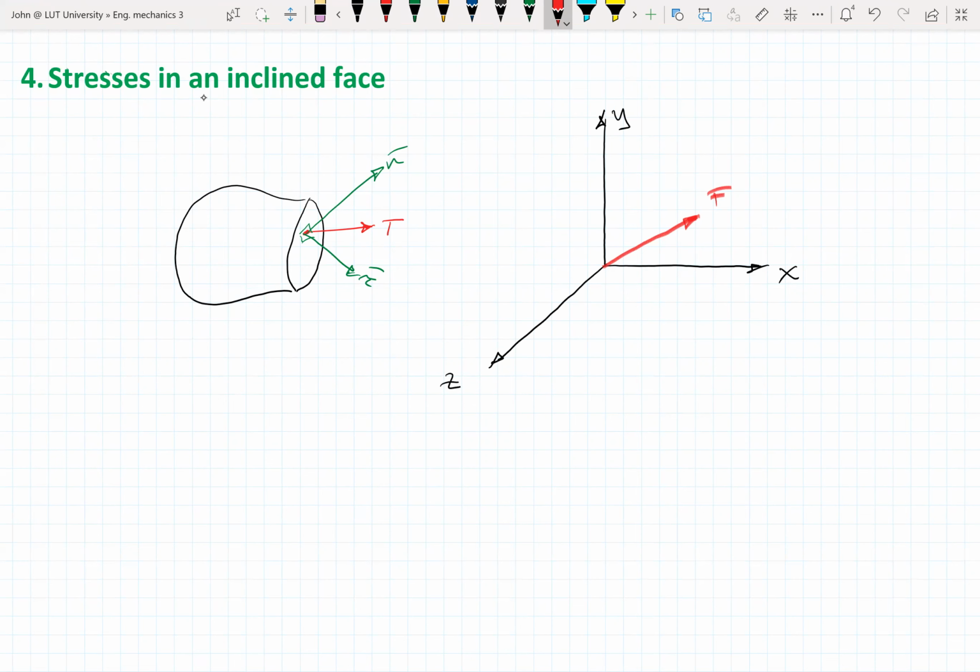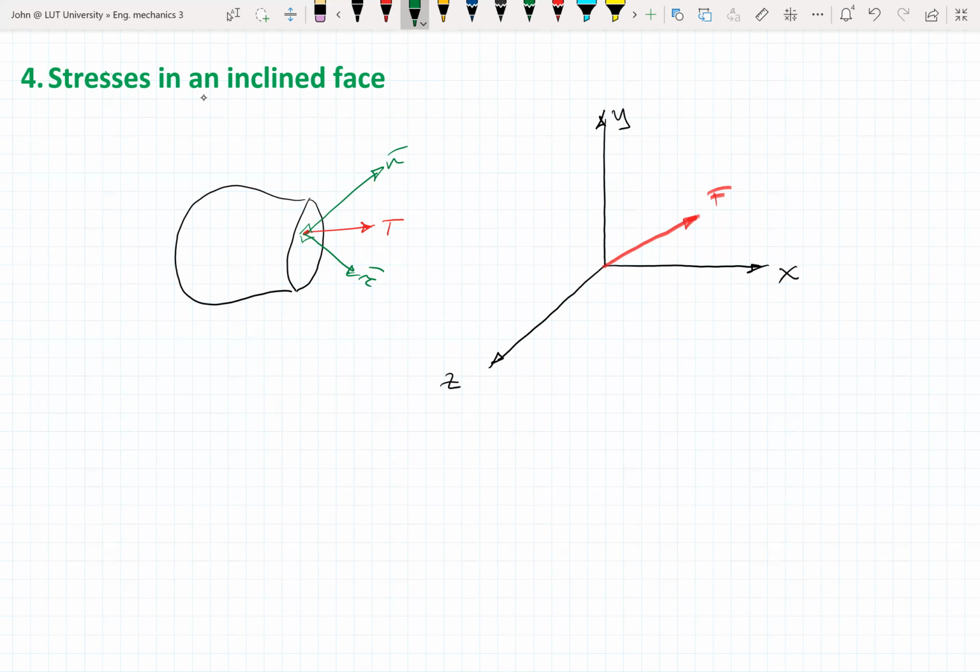I could say that, of course, the representation of this vector F in this Cartesian coordinate system can be done through its components in each of the individual axes, X, Y, and Z. But how to calculate those individual components? I could say that this vector forms certain angles with the axes.